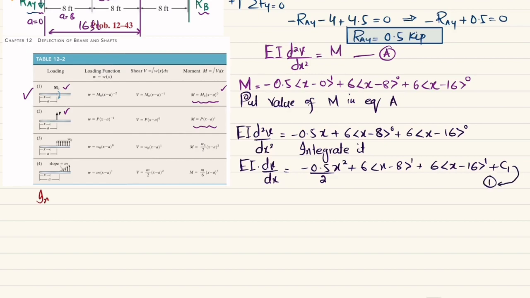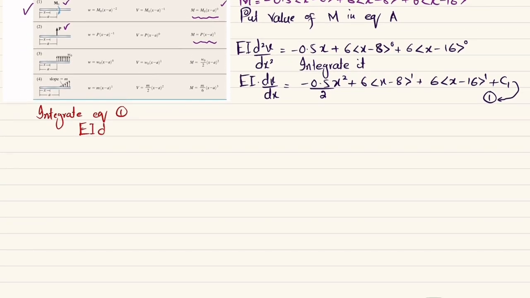Now integrate equation number 1 again, so you will get EI into V, which is deflection, is equal to minus 0.5 x cube over 2 multiplied by 3, plus 6 into x minus 8 power 2 divided by 2 plus 6 into x minus 16 power 2 divided by 2 plus C1x plus C2.